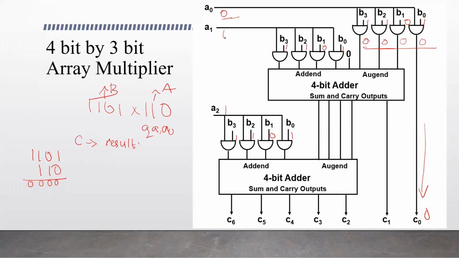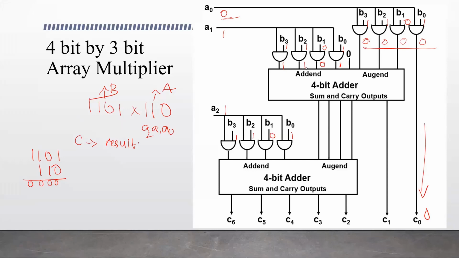Now, when we multiply 1 with these 4 bits, 1 and 1 is 1. Let's write it here. And 1 and 0 is 0, 1 and 1 is 1, 1 and 1 is 1. So this is the result of these AND gates.